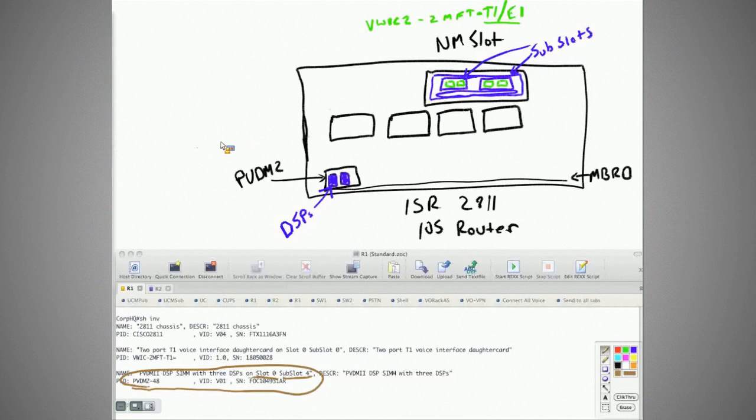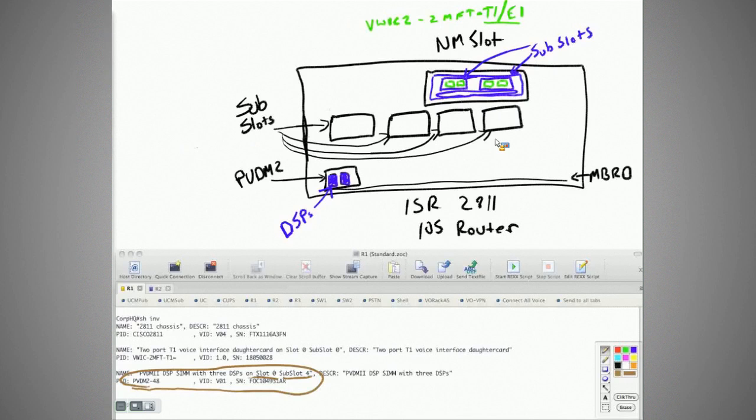Well, actually, subslots in general, they don't really have to be voice, directly on the motherboard itself.